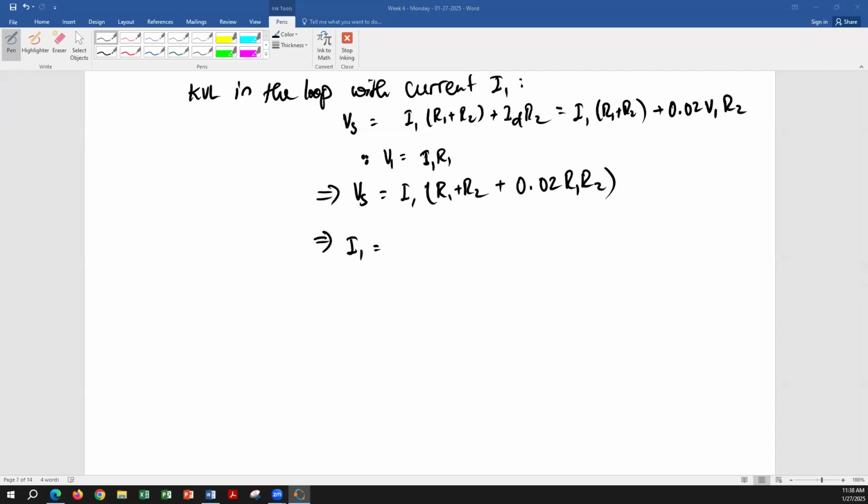So I1 is equal to Vs divided by R1 plus R2 plus 0.02 times R1 times R2. Well, it's a small current. 2.48 exponent negative 7, so 0.248 microampere. Anyone got the same result or not? Or 248 nanoampere?